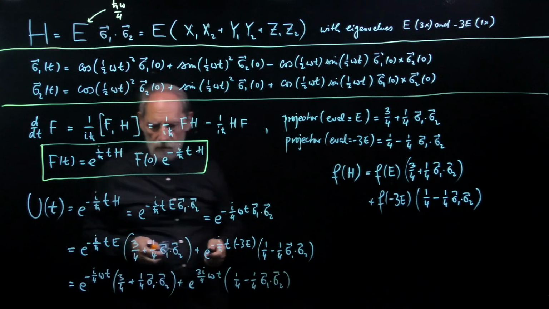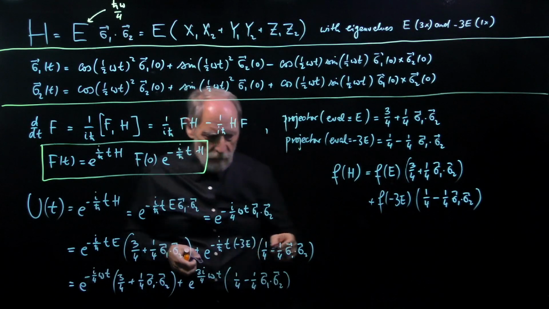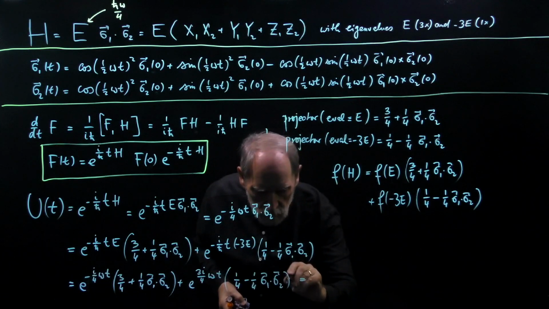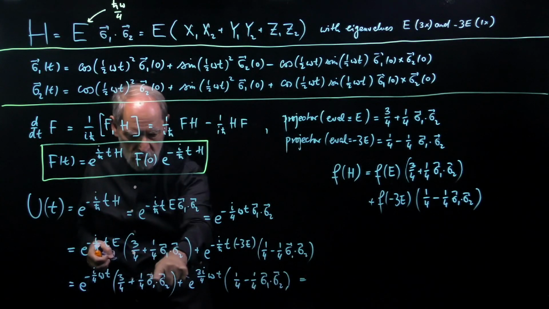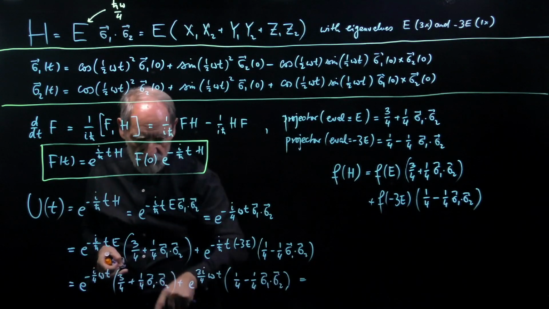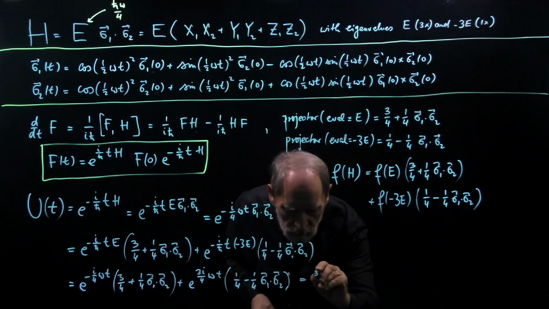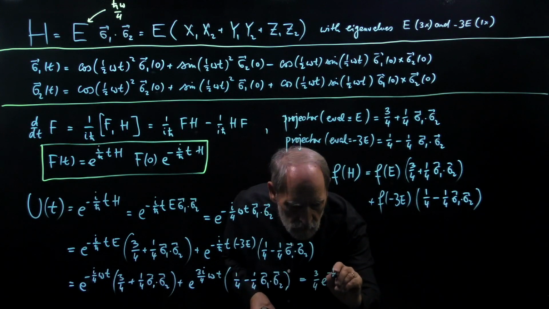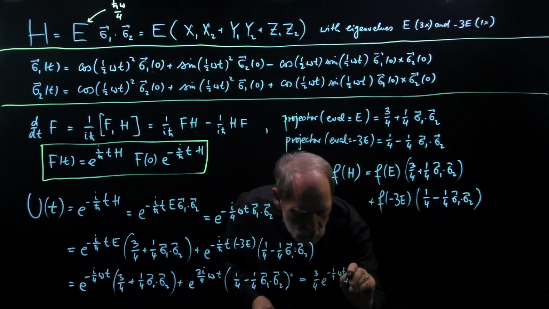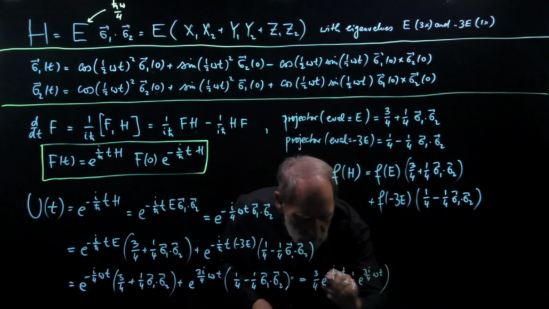And this we can now reorganize by just recognizing that there are terms which do not involve the sigmas, and those are 3/4 of exponential of minus i over 4 omega t, and 1/4 of exponential 3i divided by 4 omega t.